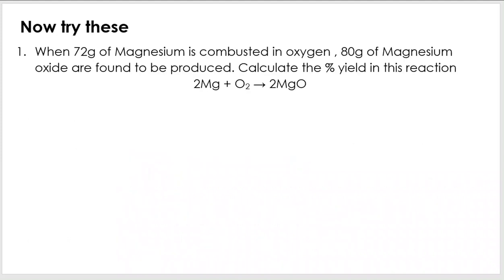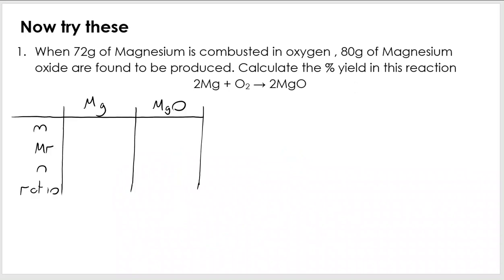Here's another example for you to try. And once again, we draw out the table. I've got my Mg and my MgO as the two species I'm interested in. I am starting with 72 grams of magnesium. I put my two MRs in, well, Ar and Mr, and then I can work out my moles of magnesium. My mole ratio here is 2-to-2.